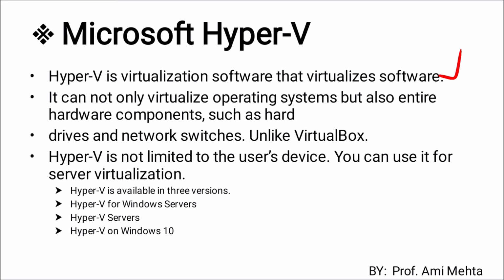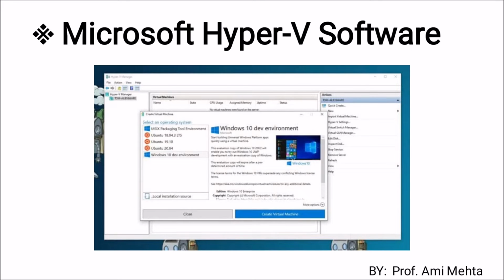Hyper-V is available in 3 versions: Hyper-V for Windows Server, Hyper-V Server, and Hyper-V on Windows 10. So this is the picture of Microsoft Hyper-V software.